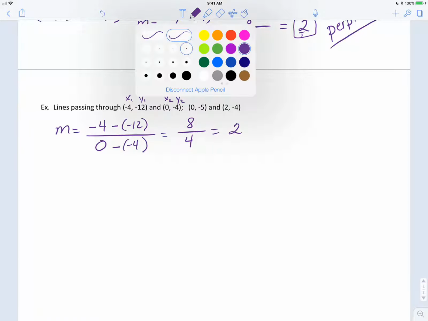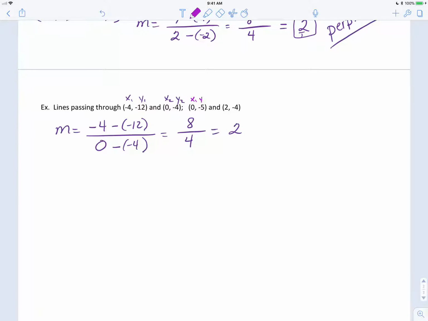The next slope is -4 minus -5 over 2 minus 0. Well, -4 minus -5 means plus 5, so that's 1. 2 minus 0 is 2.